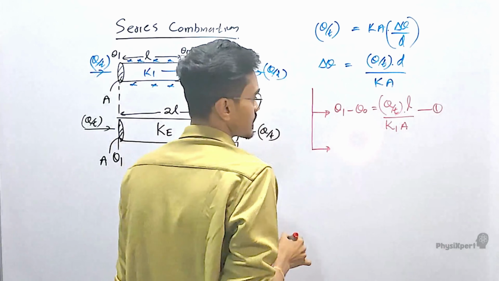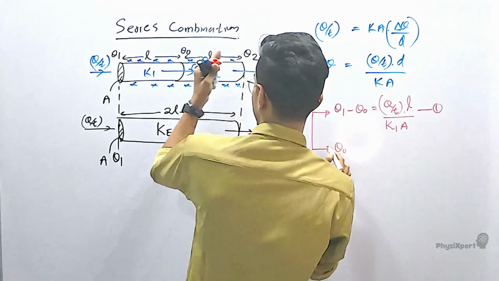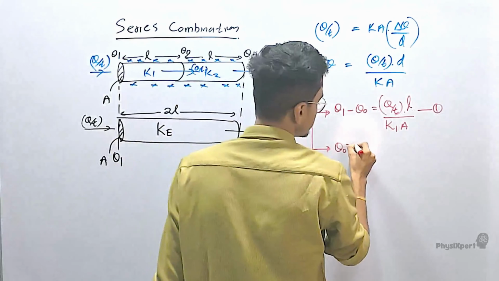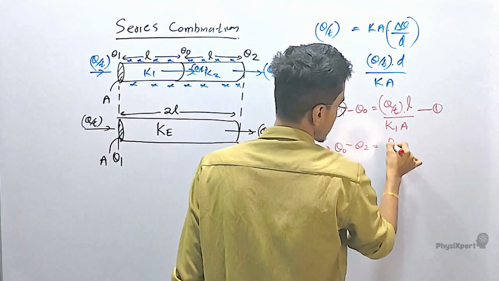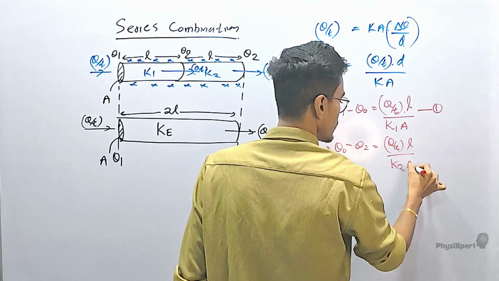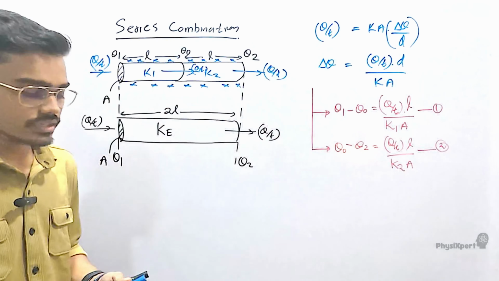Similarly, do the same for the second rod. The temperature difference is high temperature minus low temperature, since heat always flows from high to low temperature. Theta naught minus theta 2 equals the same Q over T times L over K2 A. We'll consider this as equation 2.